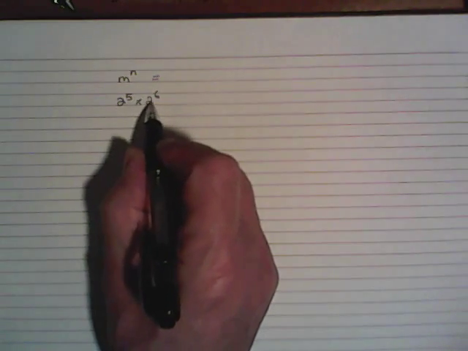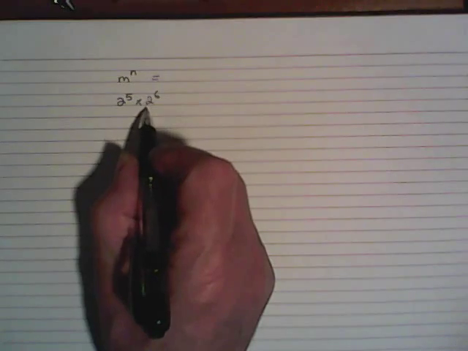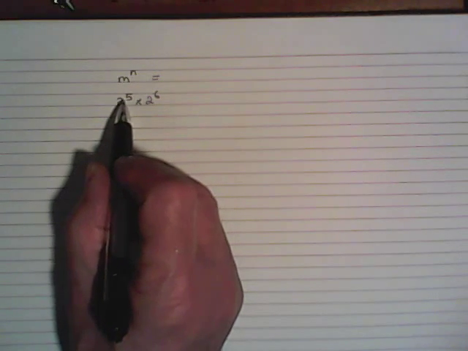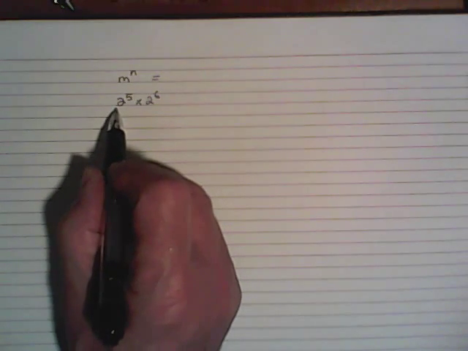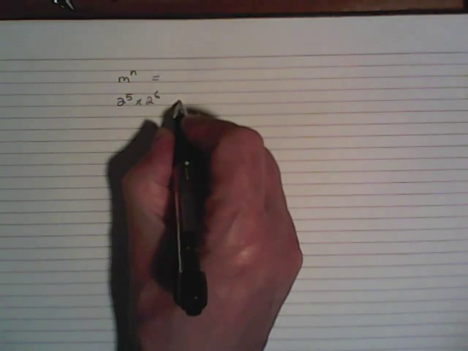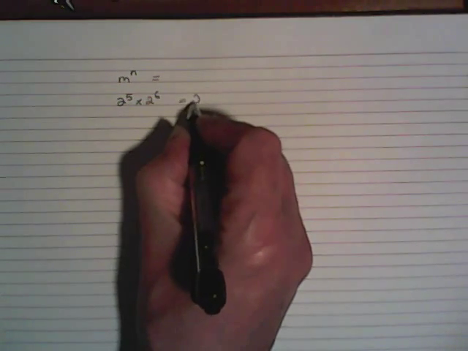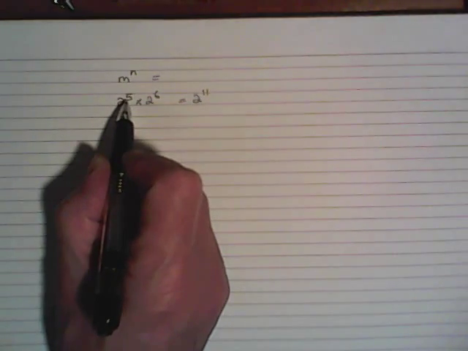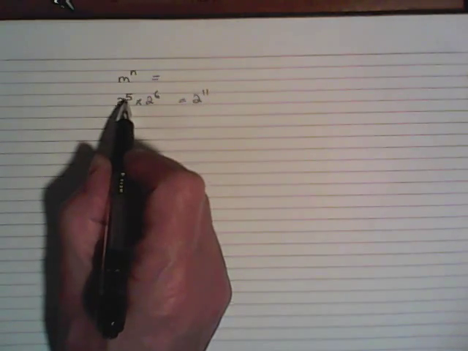And obviously 2 to the power of 6 is a multiplication. It's 2 times 2 times 2, and etc. And so all we need to do really is to add the 5 and the 6. The base 2 remains the same. This is called the base, this number here. So this becomes 2 to the power of 11. All we're doing is adding these two values together.